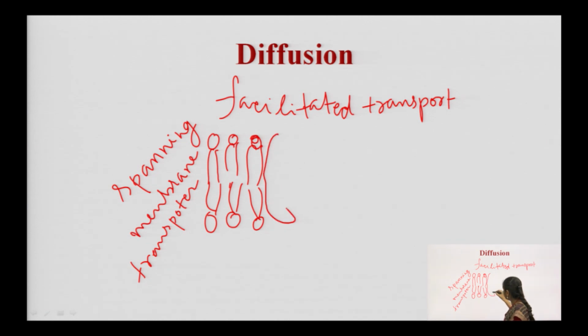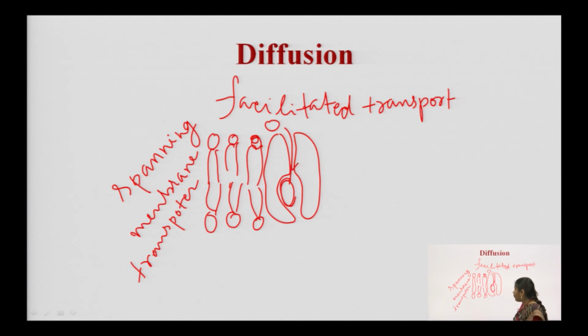And suppose this is your spanning membrane transporter. The solute molecule gets attached to these transporters. These are known as facilitated transporters.